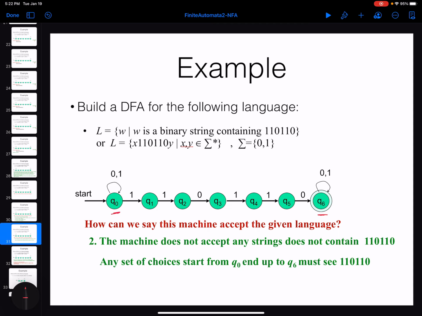For any binary string that you pass to this NFA, you will start at Q0, and the only path to a final state passes through this path, and the transitions over the path clearly show the pattern 110110. So definitely all the strings that are going to be accepted by this NFA should have the pattern.